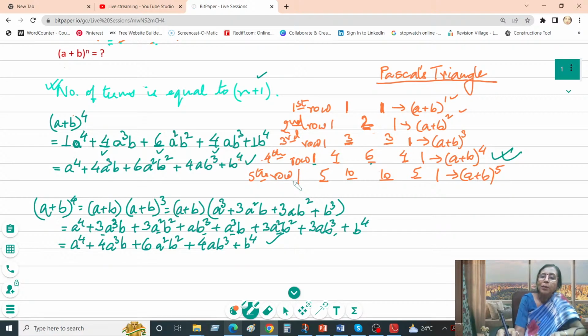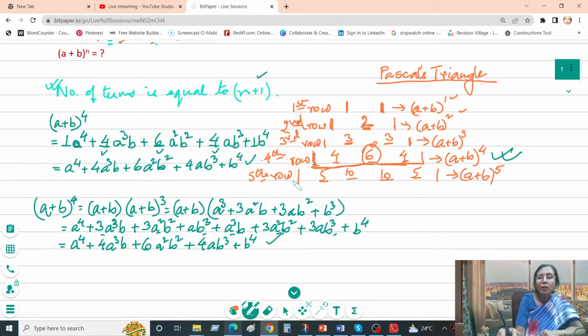When the number of terms is odd, you see, it starts with 1, increases to 2, and then again it comes to 1. When a plus b to the power of 4, it goes on increasing. 1, then 4, then 6. This is the largest number, highest number. Then it goes on decreasing. And this part is exactly similar to this part. It is just the mirror reflection. 1, 4, then the highest term, then 4, 1.